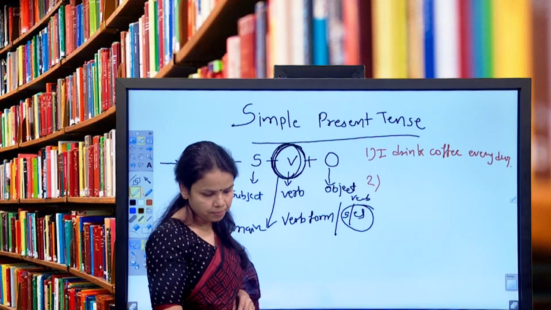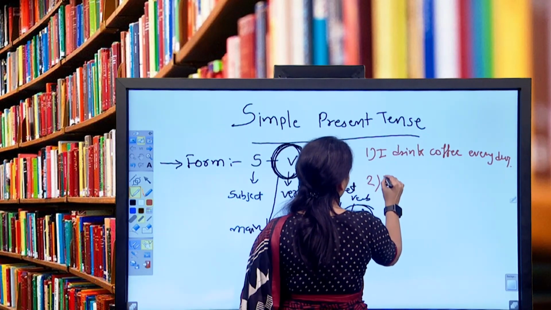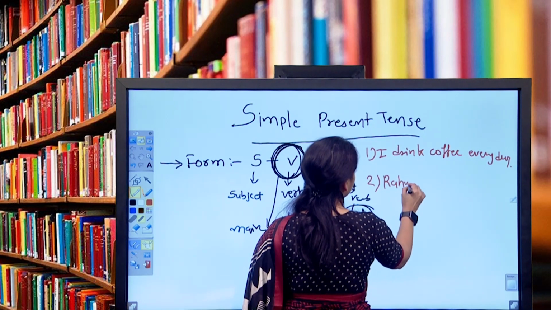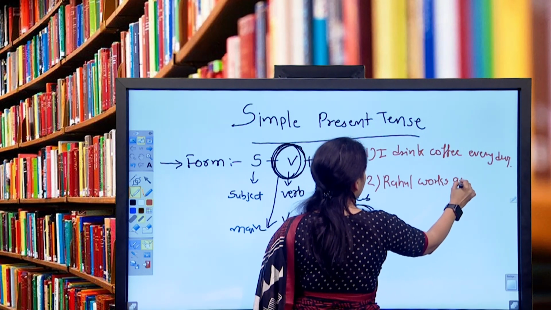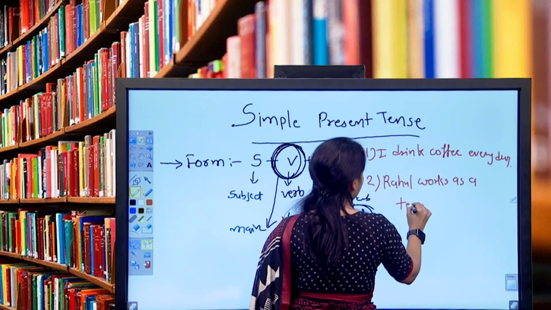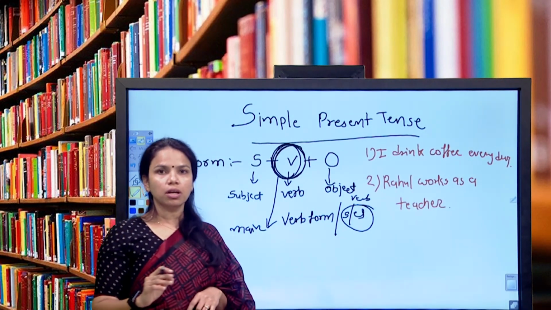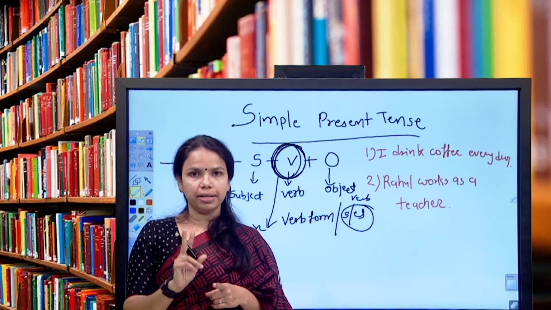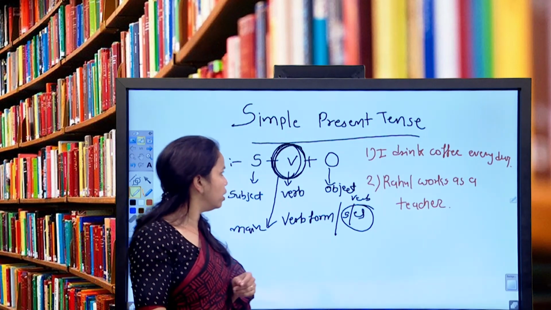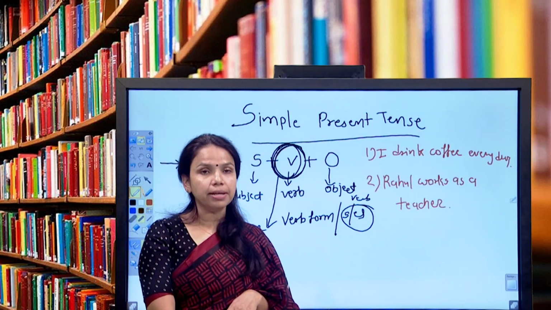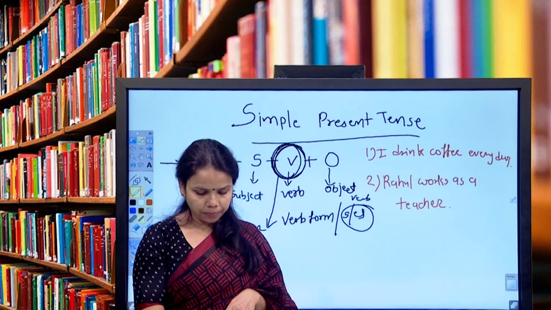Second, Rahul works as a teacher, right. So here I have mentioned two sentences. First is, I drink coffee every morning or every day. Second sentence is, Rahul works as a teacher.